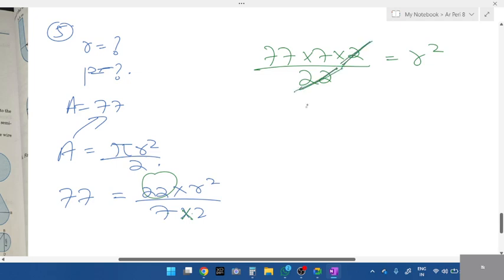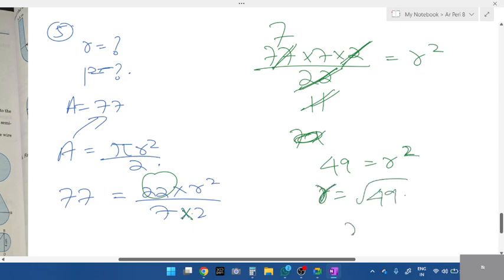How many times does it go? 2 11s are 22. 11 ones are 11, 7s are 77. So look here, 7 into 7 is how much? I don't need r square, I just need r. What happens to this square if it goes to the other side? It becomes root 49. What is root 49? 7. So, do you understand how to find the radius when the area is given?